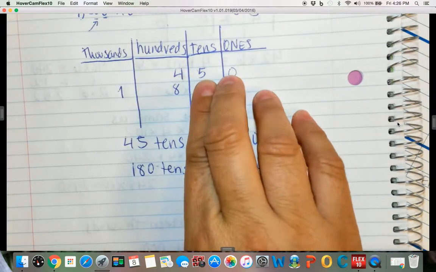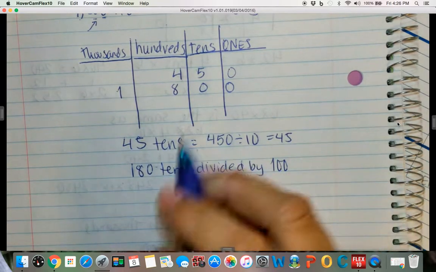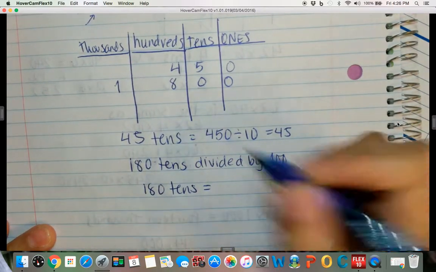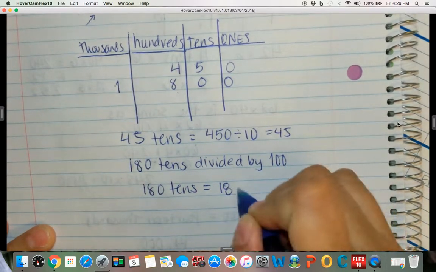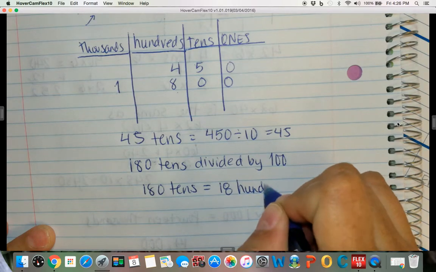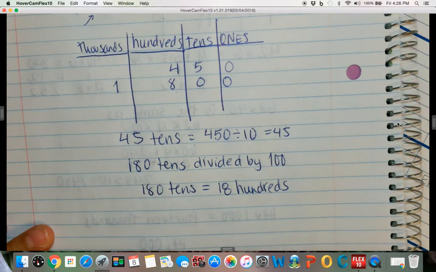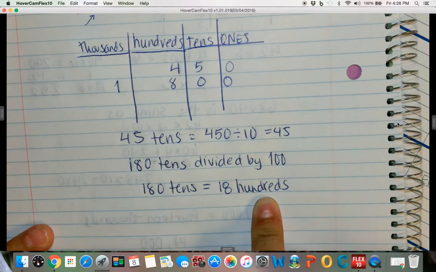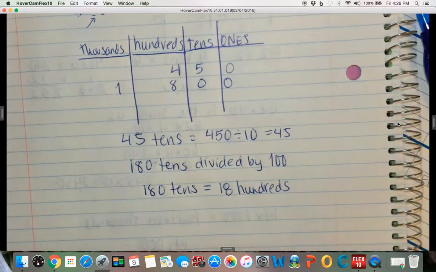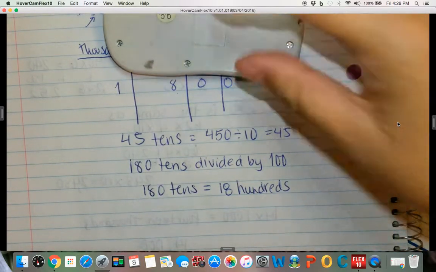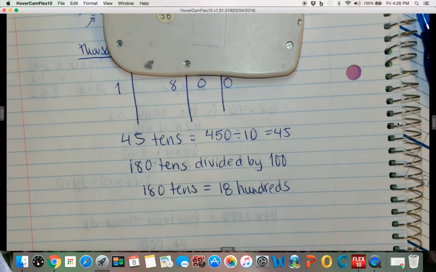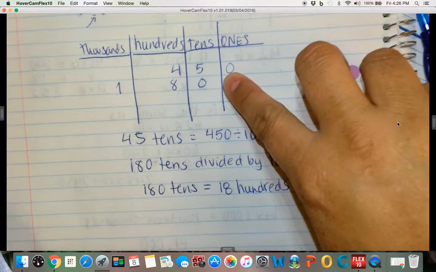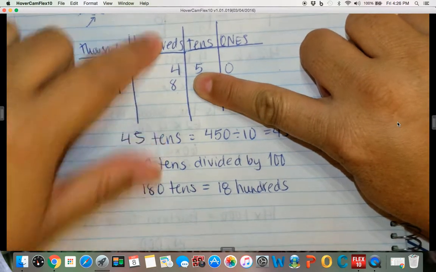So I look at my hundreds place. 180 tens is the same as 18 hundreds. 1,800 is the same as 180 tens or 18 hundreds.